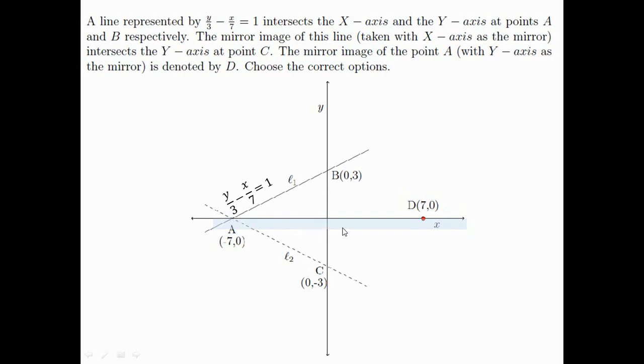The mirror image of this line, taken with the x-axis as the mirror as shown here, intersects the y-axis at point C. The mirror image of the point A with the y-axis as the mirror is denoted by D. Also, B and D are connected. Now we go to the solution of the problem.